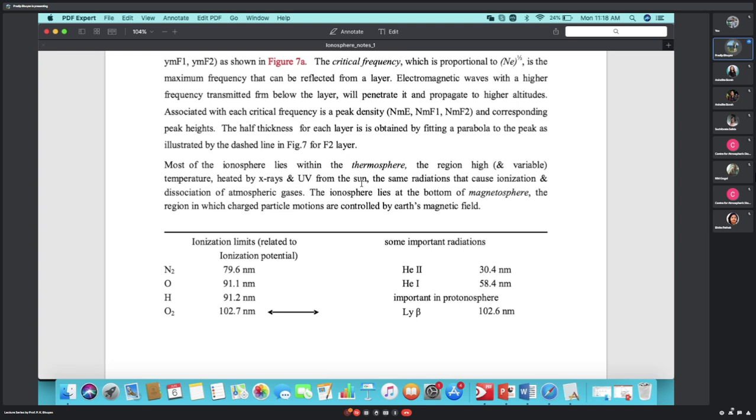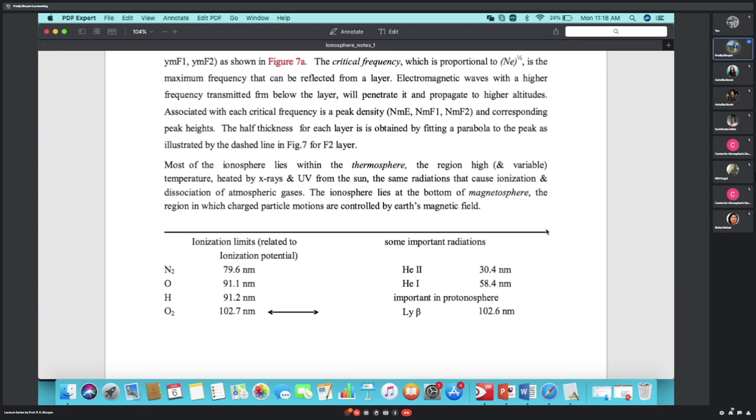So dissociation and ionization, in terms of temperature increase, all this takes place here. And because it is closer to the sun, not to the surface below, the temperature continuously increases. There is no process by which this temperature can come down. Okay.